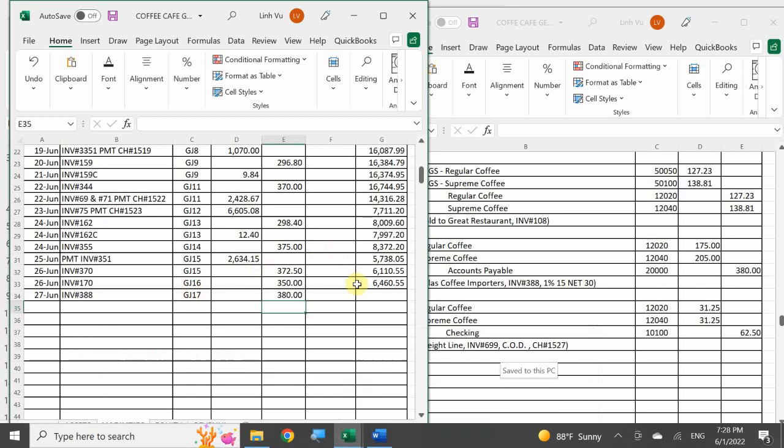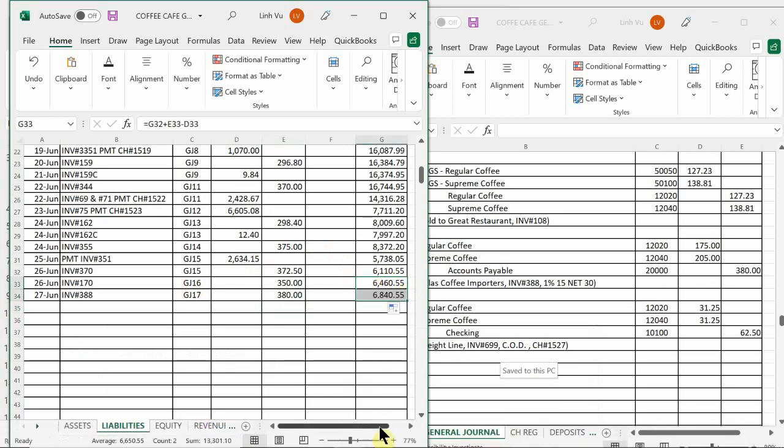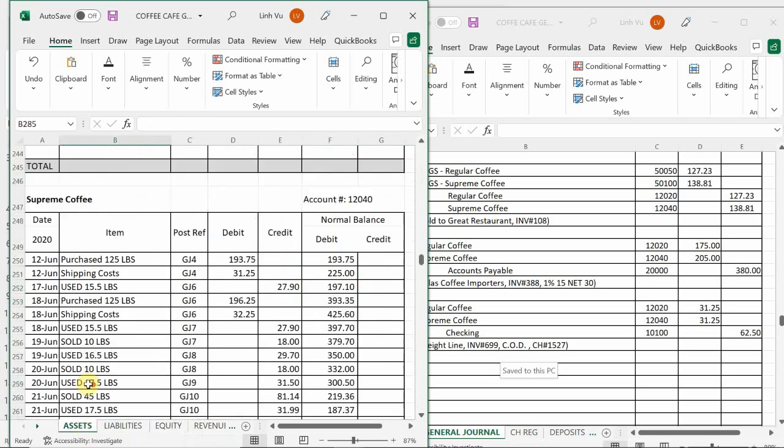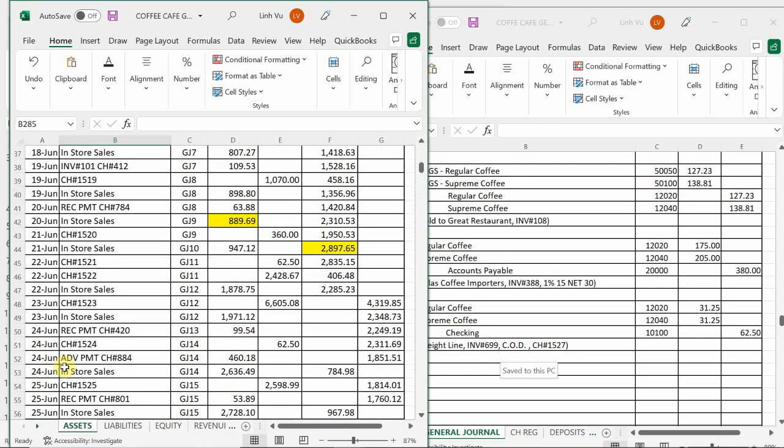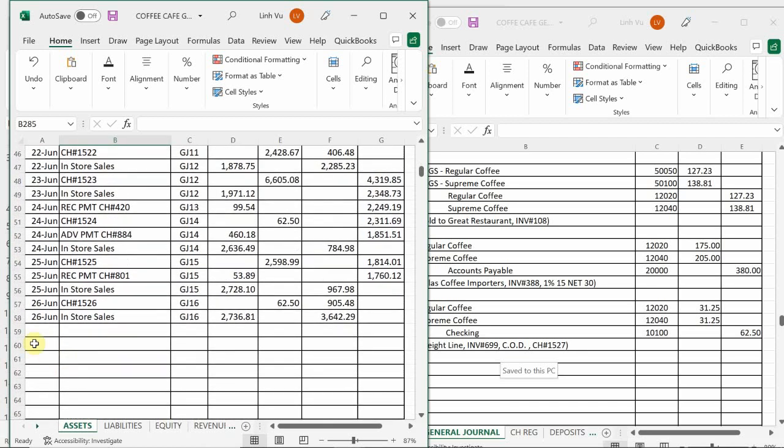Okay. Which increased my accounts payable to be $6,840.55. And we end up cutting another check to pay the COD for the delivery.